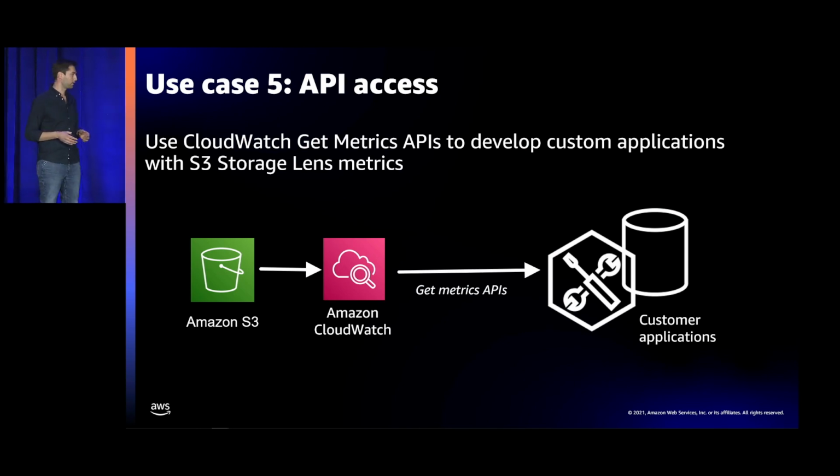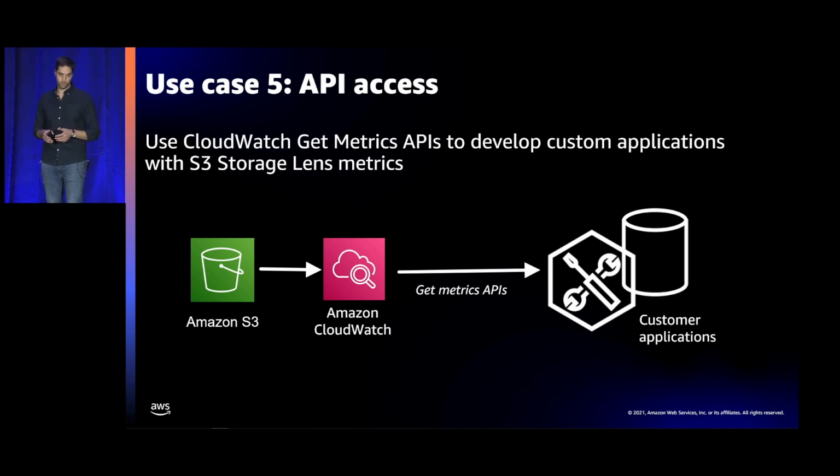For our fifth and last use case, we have API-based access for S3 Storage Lens metrics data. We learned from our customers that they would like to access S3 Storage Lens metrics data for observability and as an input for their observability and analytics tooling.